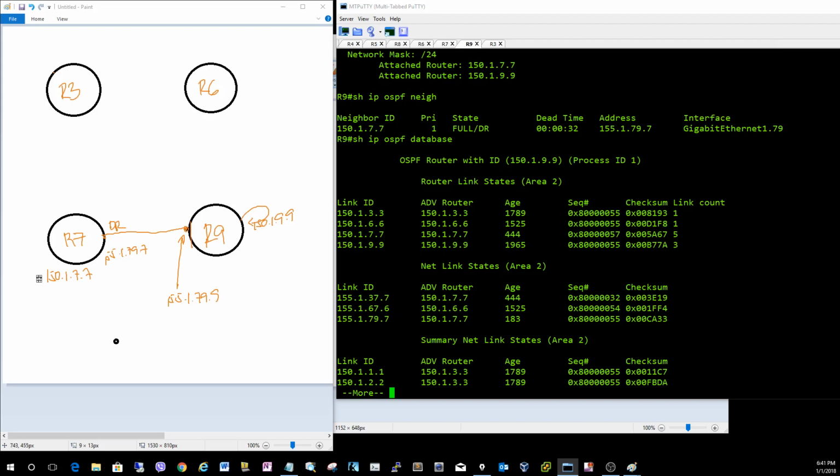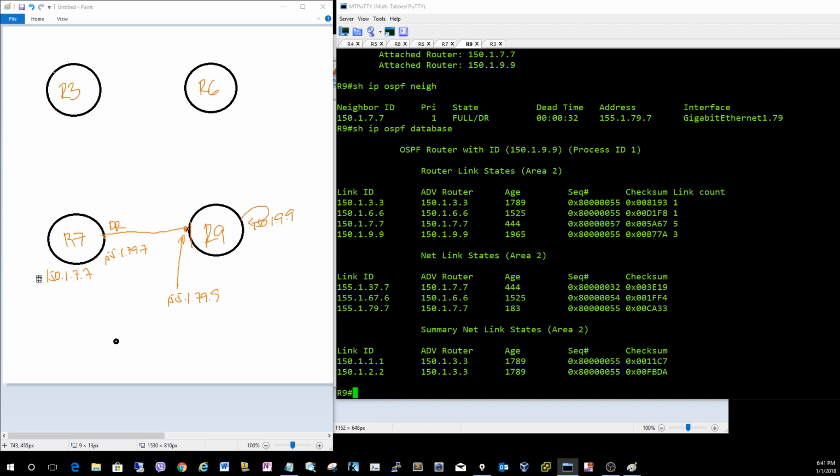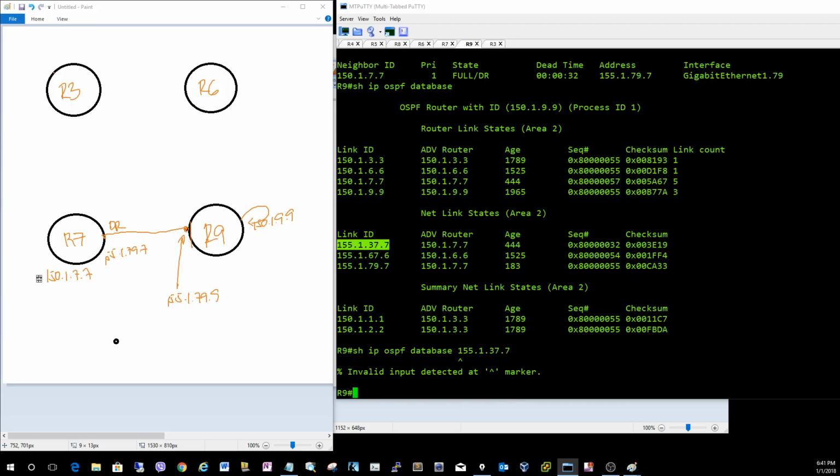We can start querying from router 9. Let's do show IP OSPF database for, let's stick with router 7. I think router 7 is also the DR on this segment. Show IP OSPF database for, what was it? Network.